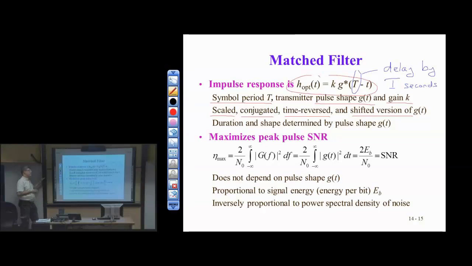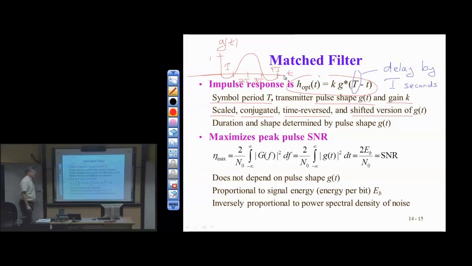So if my pulse shape is 4 symbol periods long, so if g(t) were, let's see, a truncated sinc that is 4 symbol periods long and 0 otherwise.